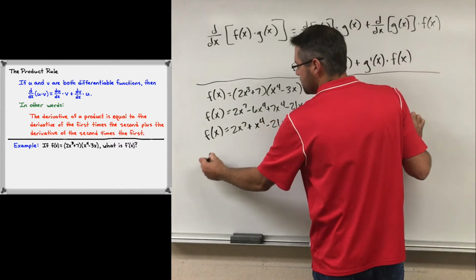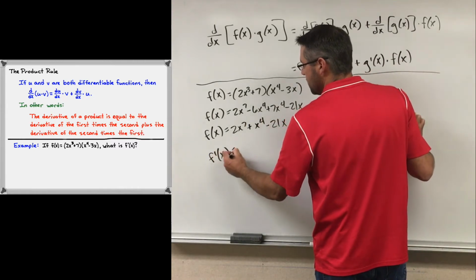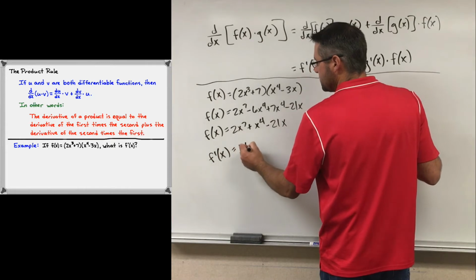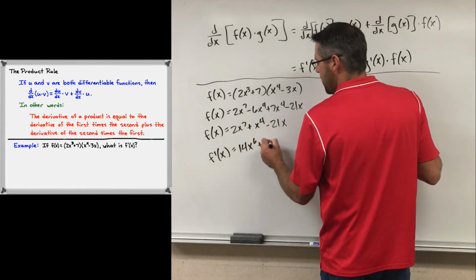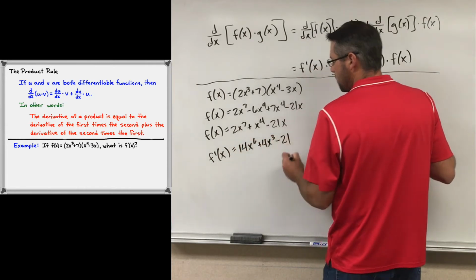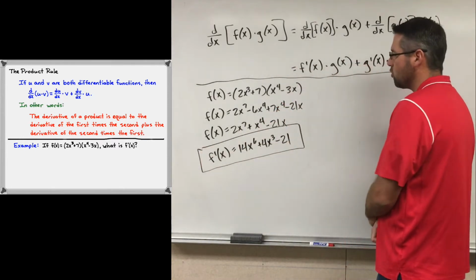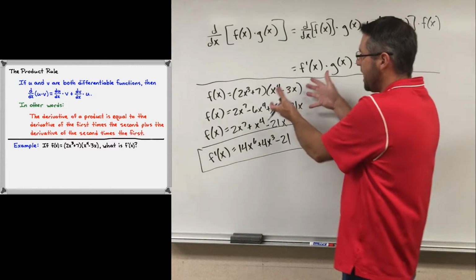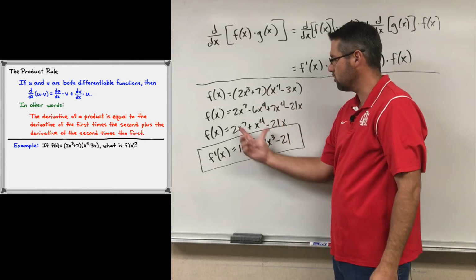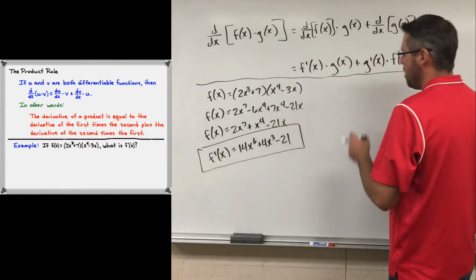And then when I go to take the derivative, I get f prime of x equals 14x to the 6th plus 4x to the 3rd minus 21. Now I can be pretty confident that that is correct because this is just algebra skills here, and the power rule is pretty easy to follow along.